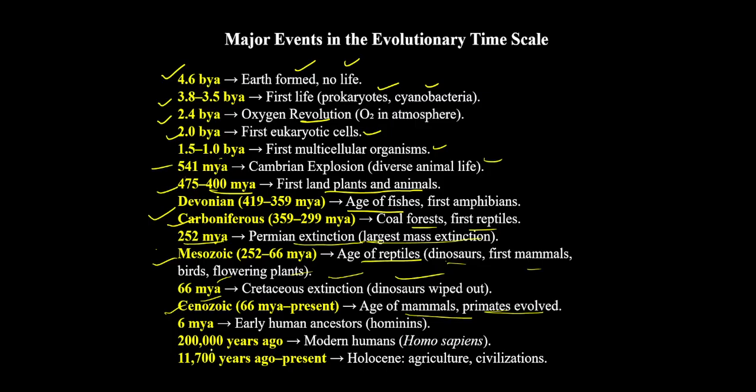Primates also evolved in this time. 6 million years ago, early human ancestors, hominins, existed. 2 lakh years ago, modern humans, the Homo sapiens species, came into existence, and from 11,700 years ago to the present, the Holocene epoch, humans developed agriculture and civilizations.